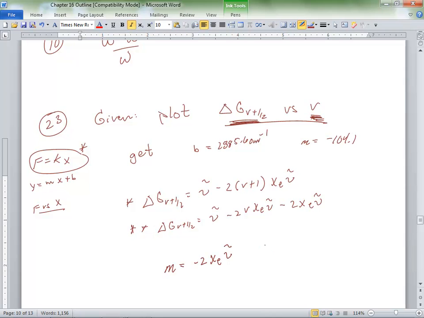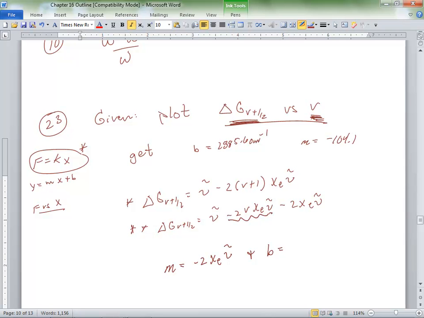What will be my y-intercept? Everything that's left over, not just omega_e. All right, because we took care of this guy already. It's everything that's left over.